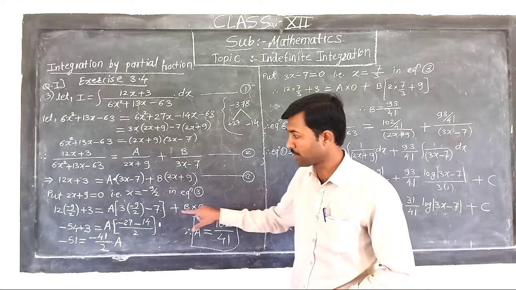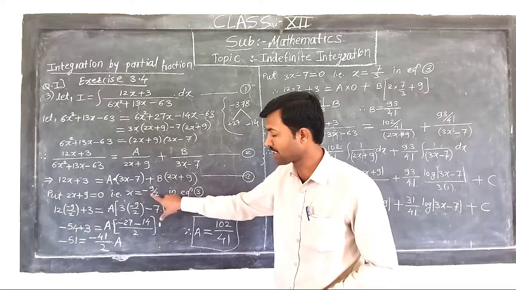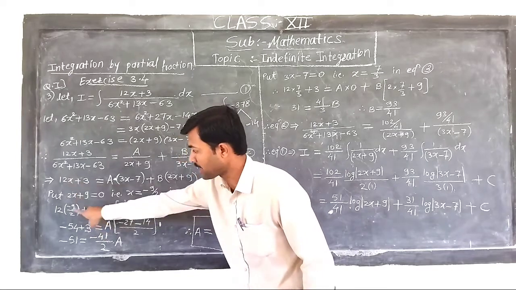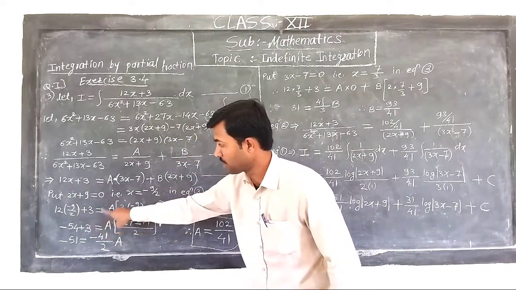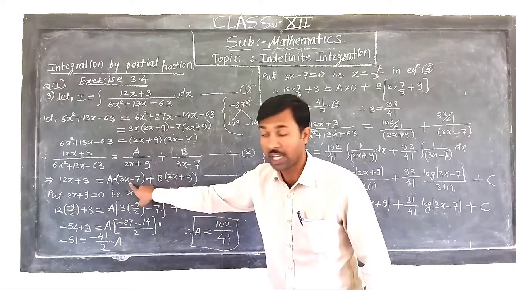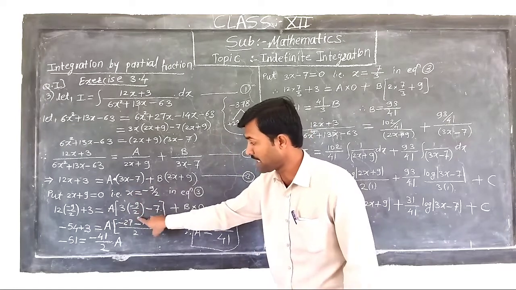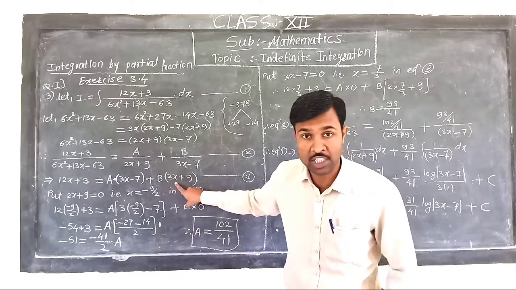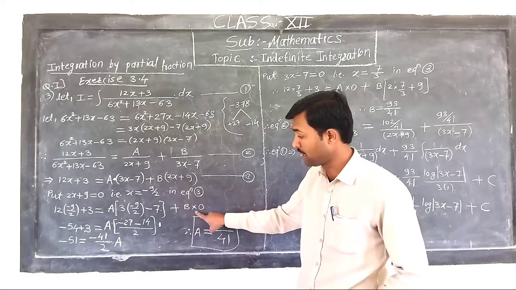Hence equation 3 becomes, with x replaced by minus 9 by 2, 12 into minus 9 by 2 plus 3 is equal to a into 3 into minus 9 upon 2, minus 7 remains as it is, plus b into 2x plus 9, this factor we are putting 0, so b into 0.